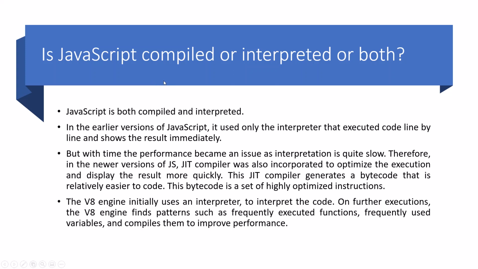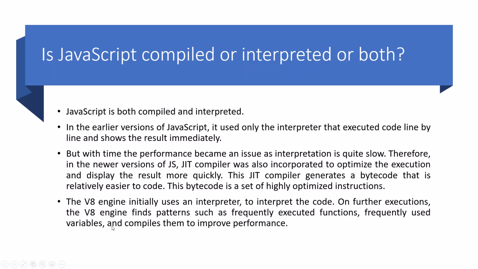So we can say that JavaScript was previously an interpreted language, but now we have the JIT compiler, so we can call it a compiled as well as interpreted language. The next is the V8 engine initially uses an interpreter to interpret the code here.